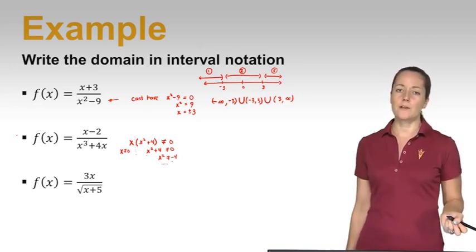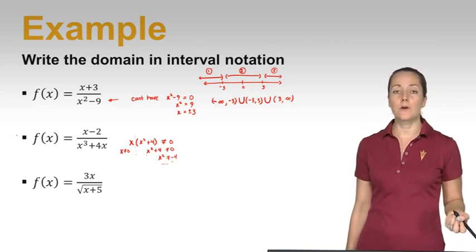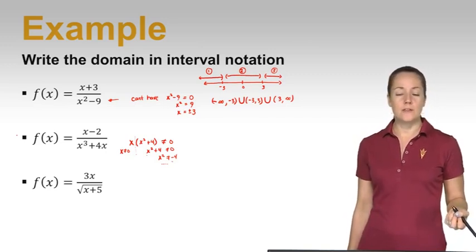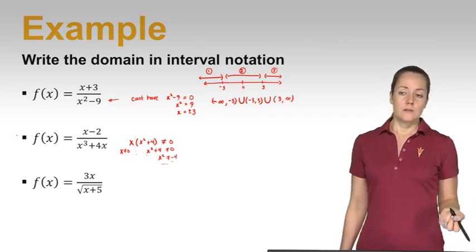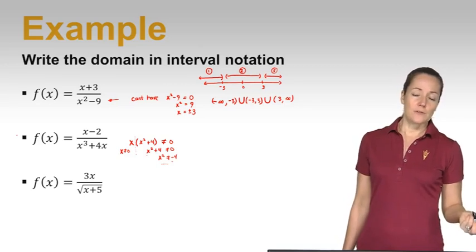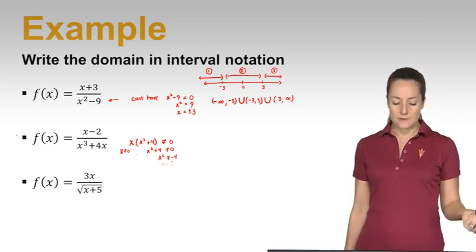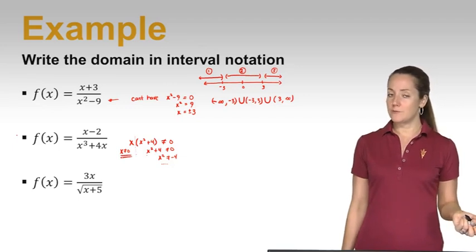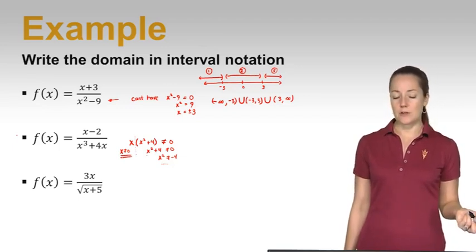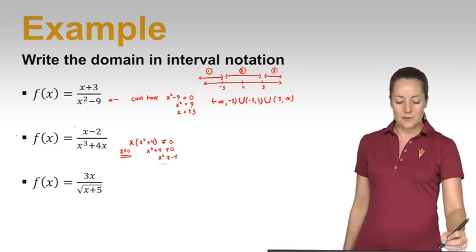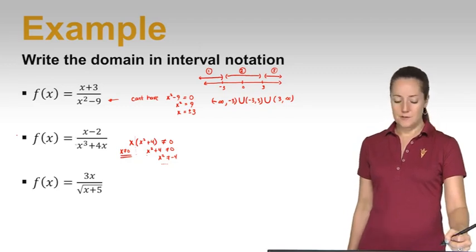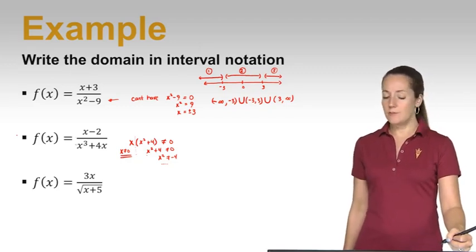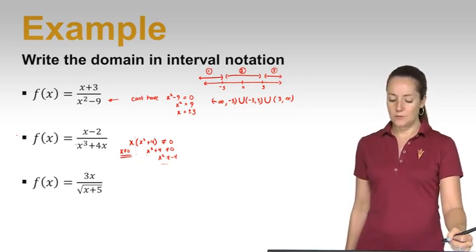I'm not worrying about x being imaginary numbers. We're looking for what are all the real number values of x that we're allowed to use, or conversely, thinking about what are the real values of x that we're trying to exclude. Well, we're trying to exclude 0. There are no other real number values of x that need to be excluded here, because nothing else would make this fraction undefined. So my domain is everything except for x equal to 0.